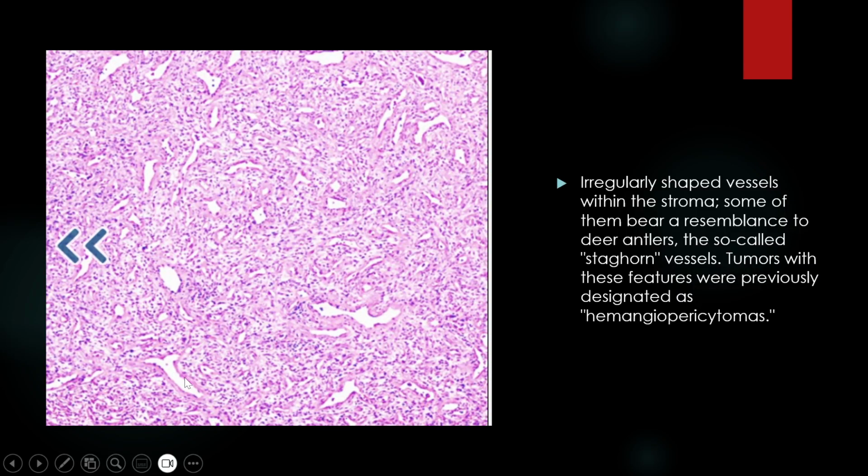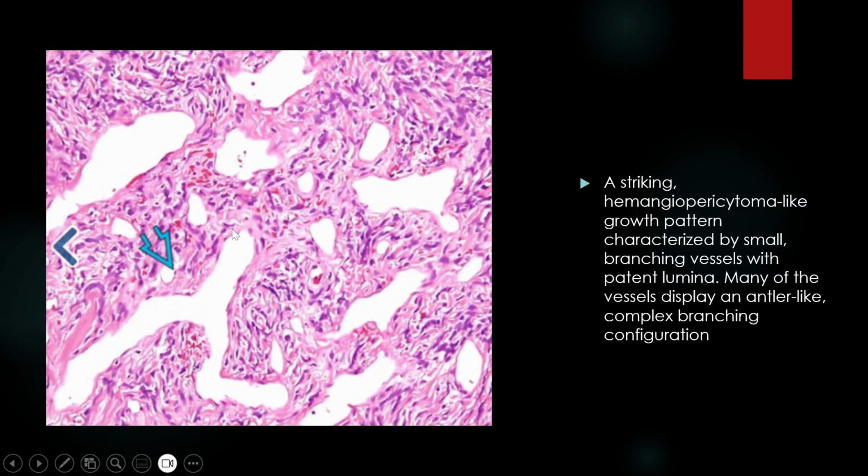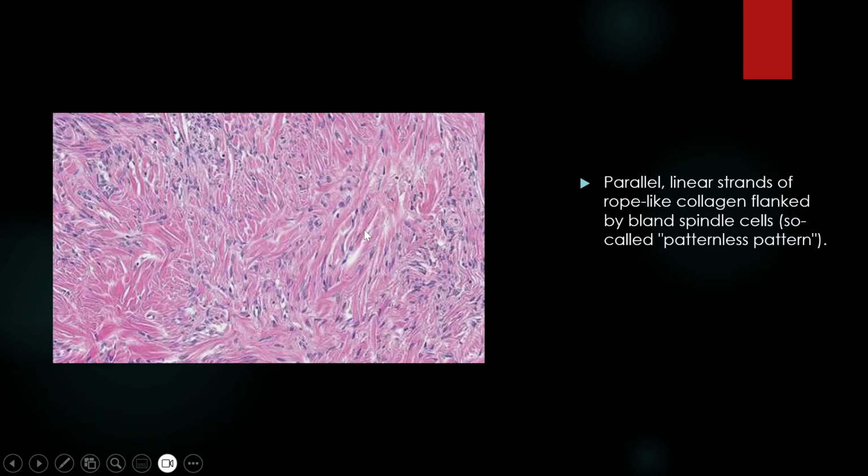So this is the staghorn vessel, and then all the monotonous spindle cells. Sometimes you also can see this hyalinized vessel wall, just mimicking the glomangiopericytoma. So staghorn vessel, monotonous spindle cell forming this haphazard growth, patternless pattern.